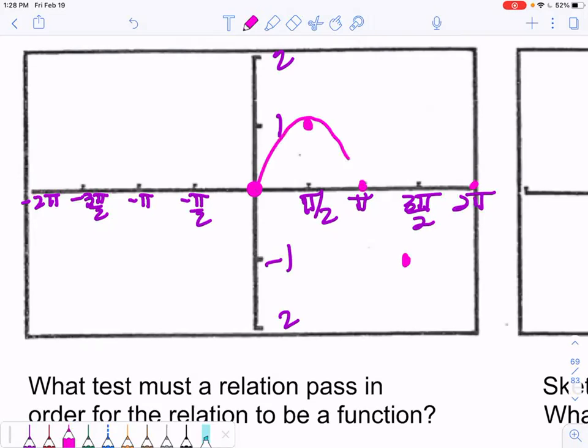So remember, sine is the curve, the wave that goes up and down, up and down. And in the other direction, it goes the exact opposite. So now I have my sine wave, up, down, up, down, up, down, and so on. So that's a sine graph.